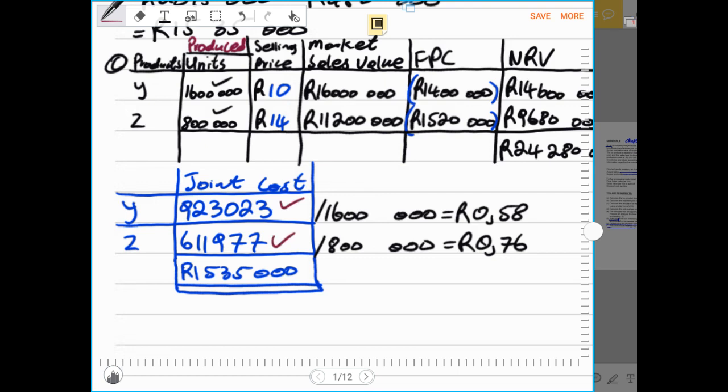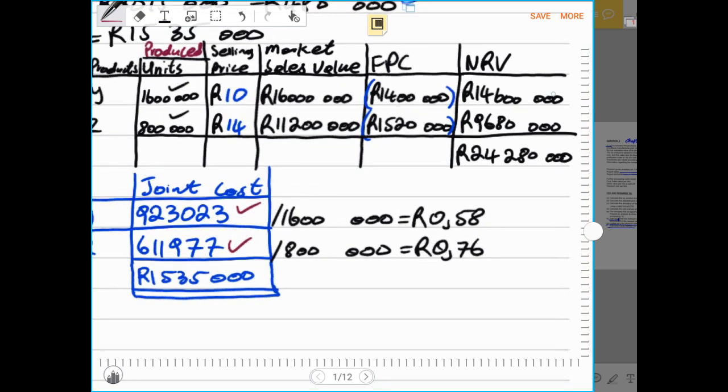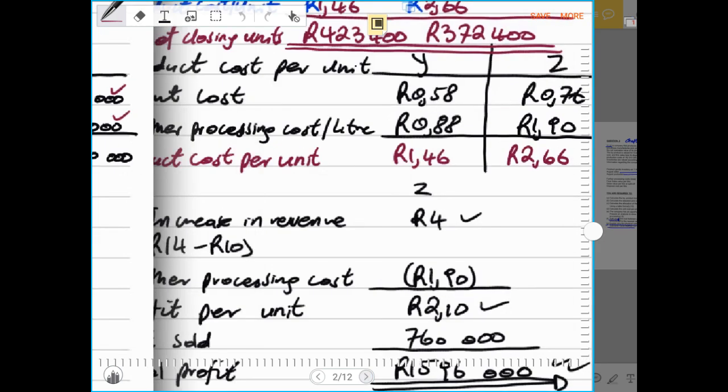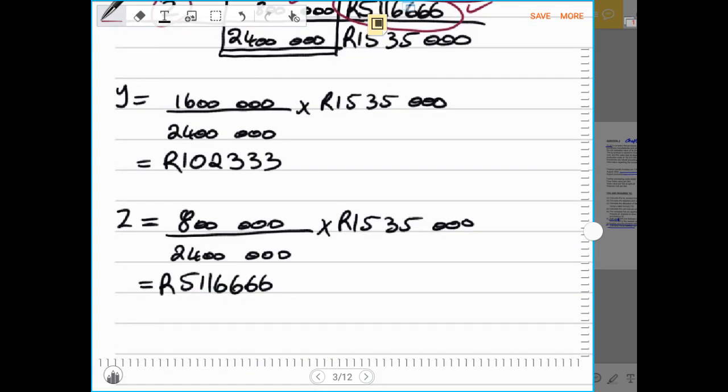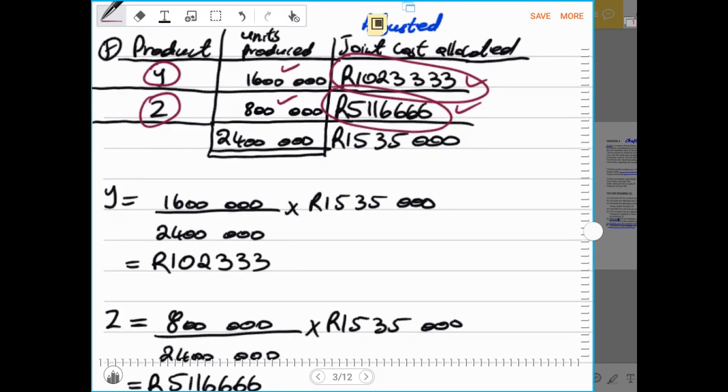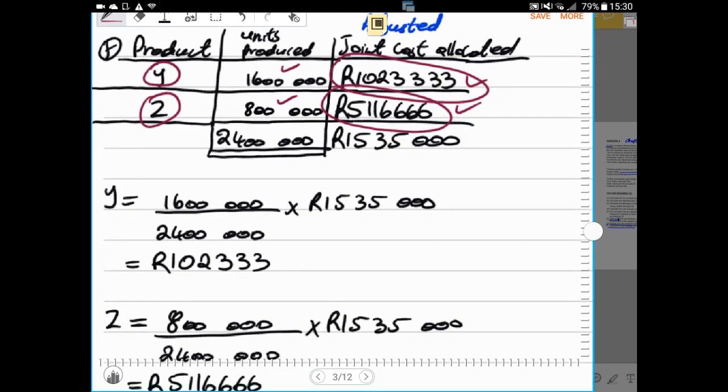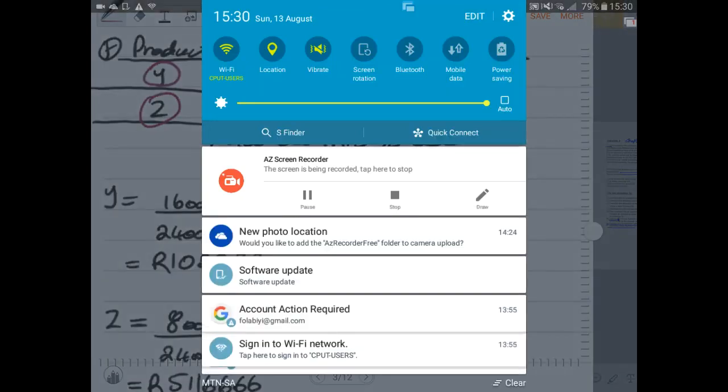The reason these are different is because the net realizable value used to allocate joint cost for products Y and Z is different from the number of units used in the physical method. So the difference is because the methods are using different figures: one is using the number of units, the other is using the net, and the net is different from the number of units used to allocate the joint cost. With that being said, guys, thank you.